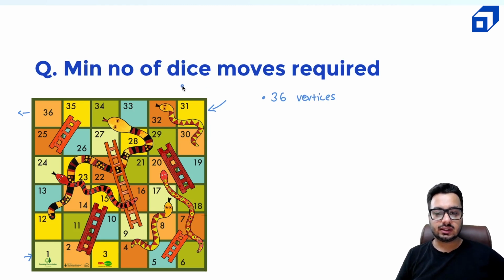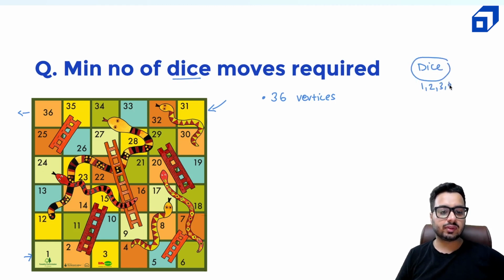Basically the question says there is a regular dice. On your dice, you can throw any number of your choice from 1, 2, 3, 4, 5, 6, right? The rules of the board are very simple. Whenever there is a ladder, you can climb that ladder. But whenever there is a snake, you will be cut by the snake and you will reach the tail of the snake. So you come down from the head of the snake to the tail, right?